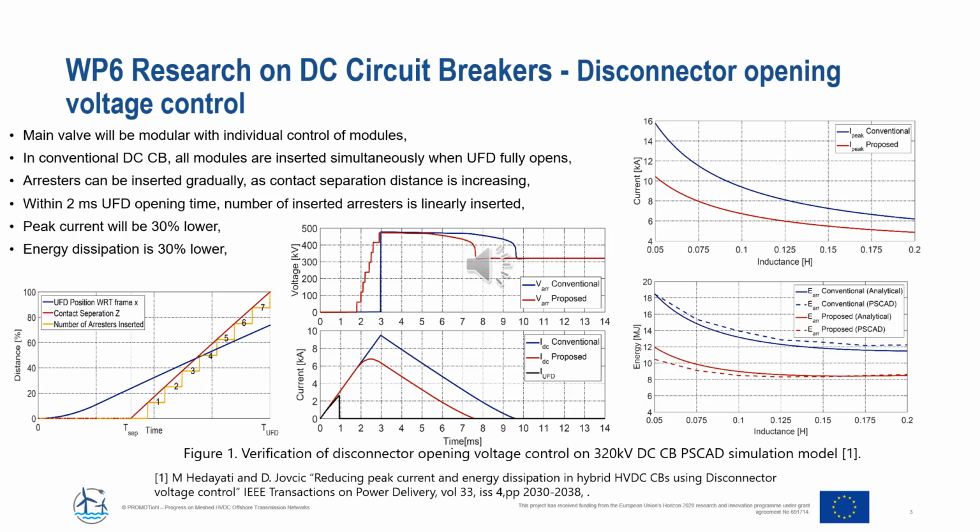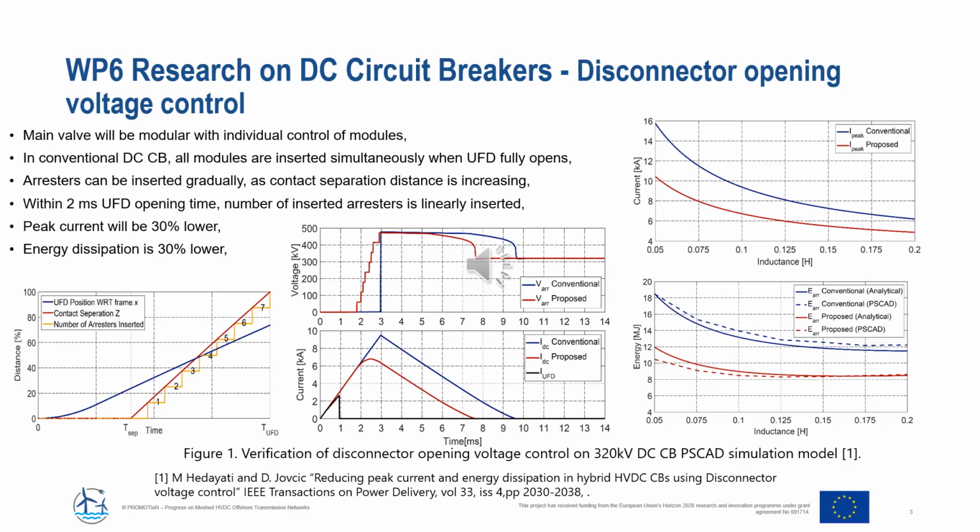The proposal is now to gradually insert arresters one by one within the 2 millisecond period while UFD contacts are opening. The figure on the left shows the insertion of arresters one by one.